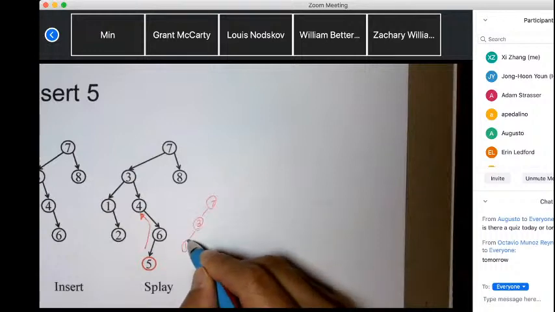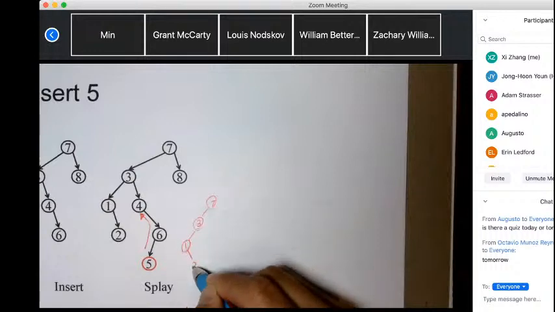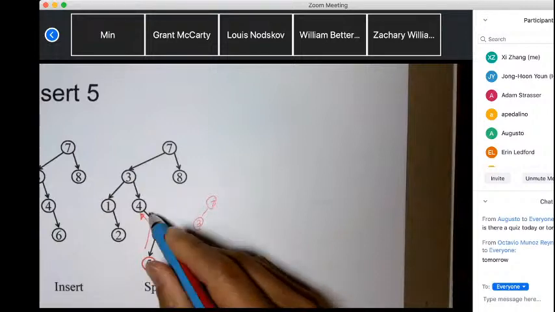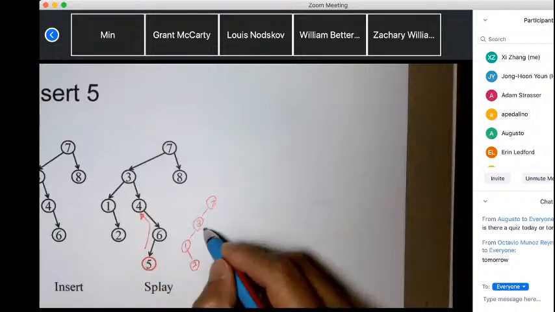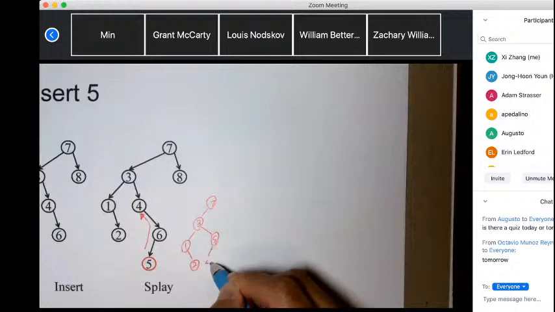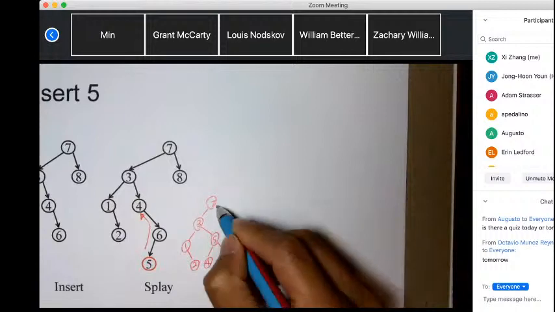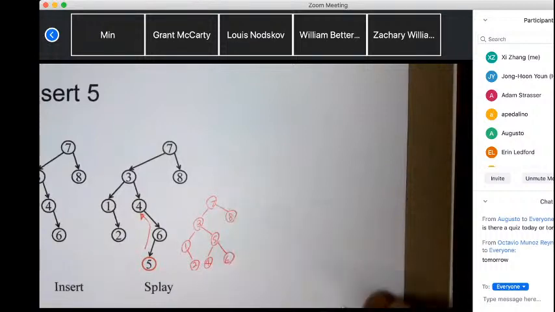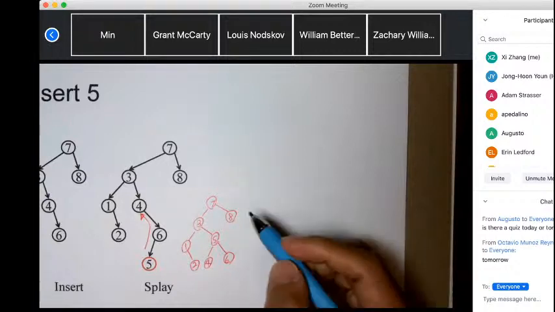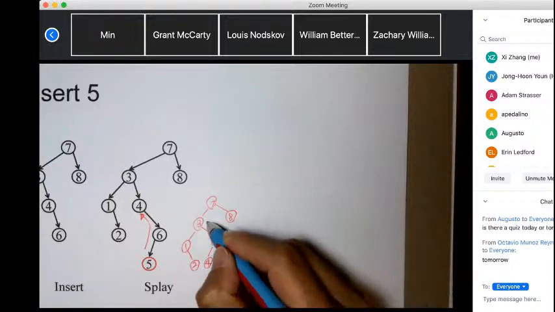And then 5 will push up, and then parent becomes right child and grandparent becomes left child. And 8 should still be right child of 7. And the next rotation is zigzag rotation.